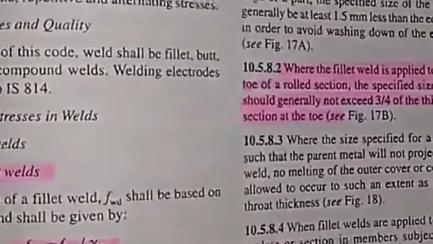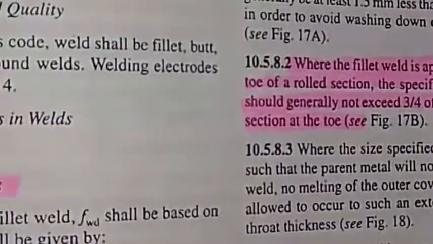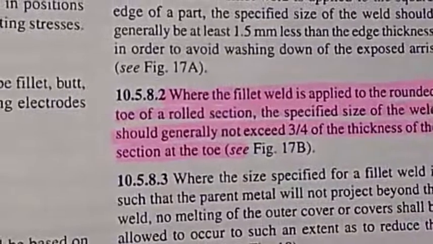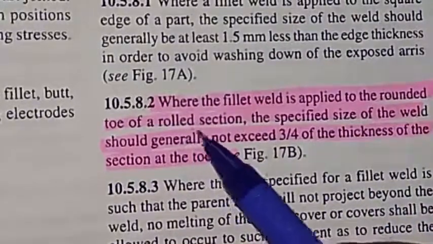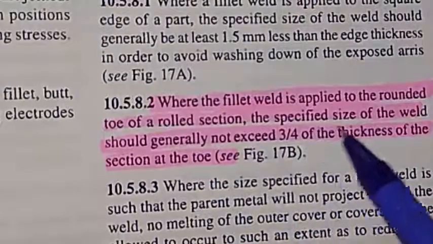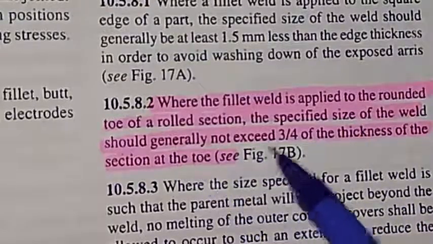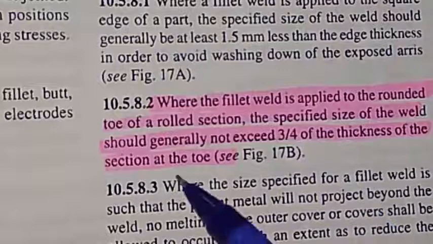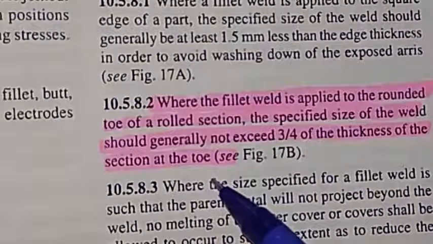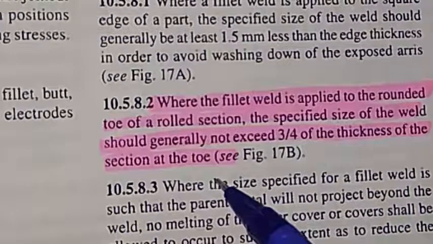So this is 10.5.8.2. The fillet weld is applied to the rounded toe of the rolled section. The specified size of the weld should generally not exceed 3/4 the thickness of the section at the toe. So this is what we will be requiring.